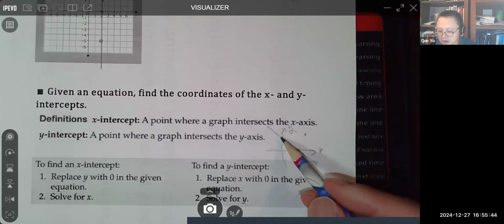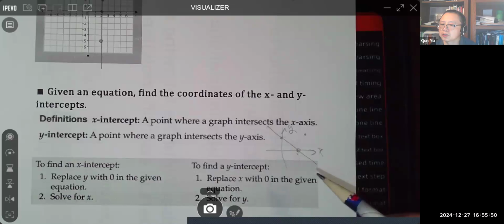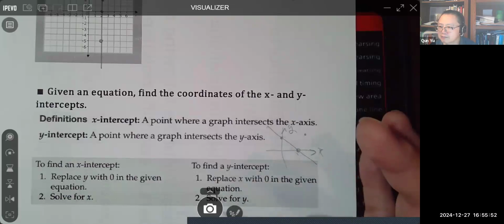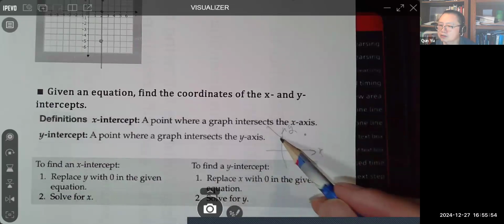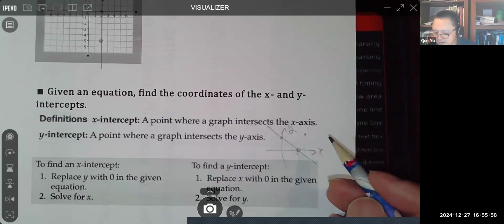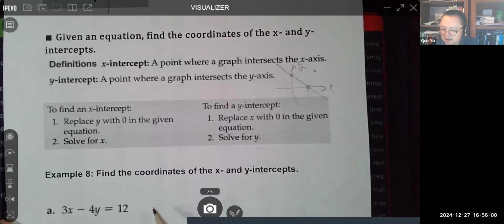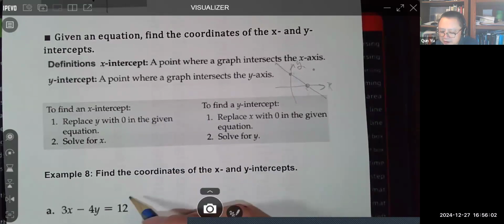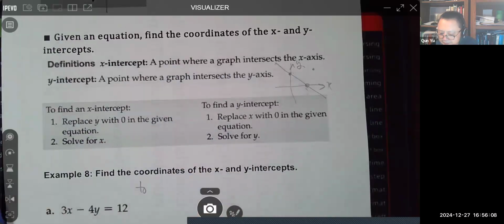Only the intersection point on the y-axis has x value 0. So knowing this, that's our weapon, basically. We can locate these 2 points because these 2 points are special points. Now let's look at the first one. To find the y-intercept, let me use a pen.